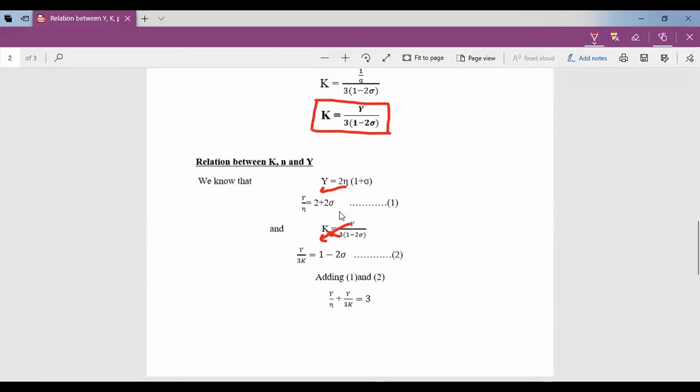These two equations are very simple, and now add these two equations, equation 1 and equation 2. So the left side will become Y by eta plus Y by 3K, equal to 2 plus 2 sigma plus 1 minus 2 sigma. So minus 2 sigma plus 2 sigma cancels. Remains only 2 plus 1, that is 3.